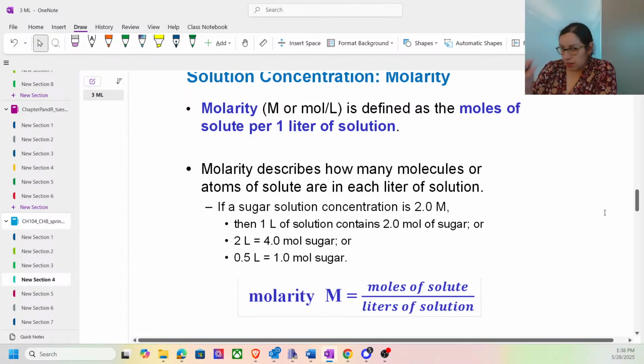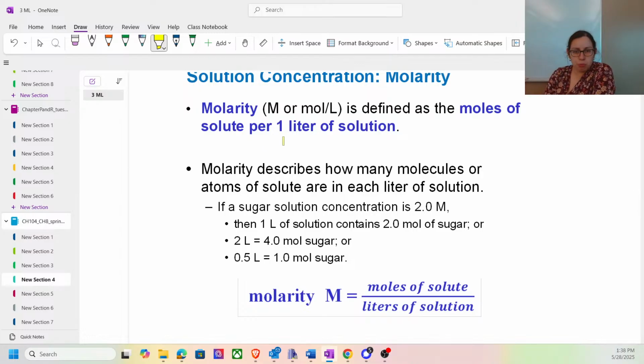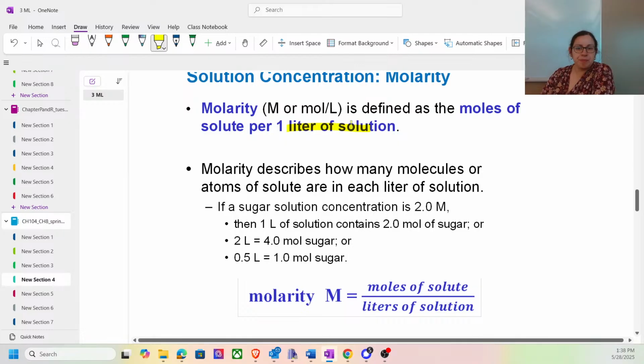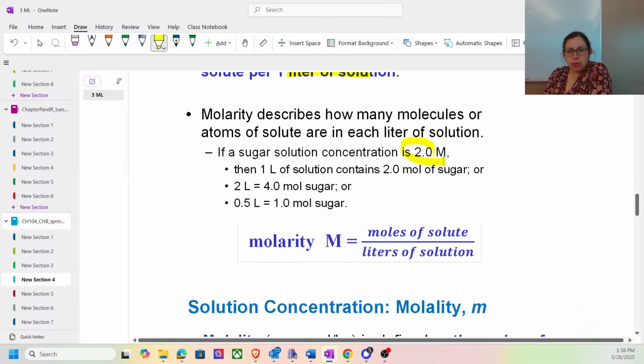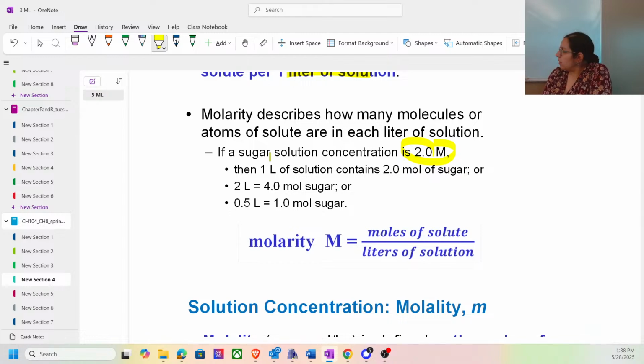So now we can look in more detail. So again, molarity is the most common one, defined as moles of solute per 1 liter of solution. So if we have a 2 molar solution, right, we have 2 moles of sugar in 1 liter.